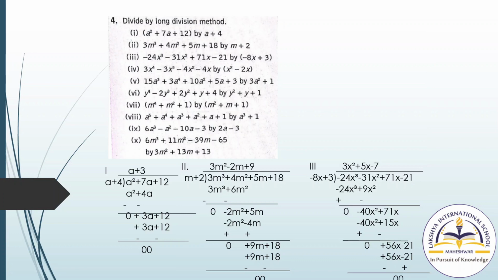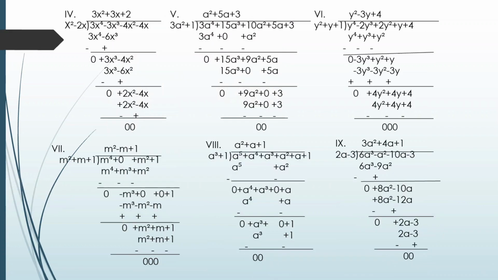Now here the answers to question number second and third are given. Now question number 4, 3x to the power 4 minus 3x to the power 3 minus 4x to the power 2 minus 4x divided by x square minus 2x.